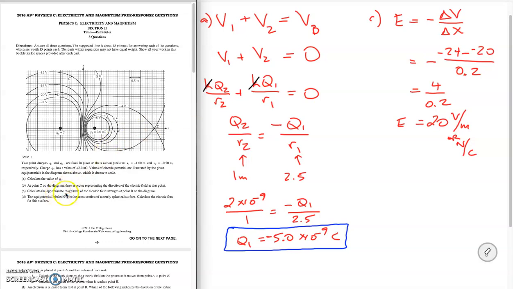All right, part D. The equipotential labeled 0, that's around point B that I used before. Calculate the electric flux. The electric flux is caused by the charge enclosed inside a surface.